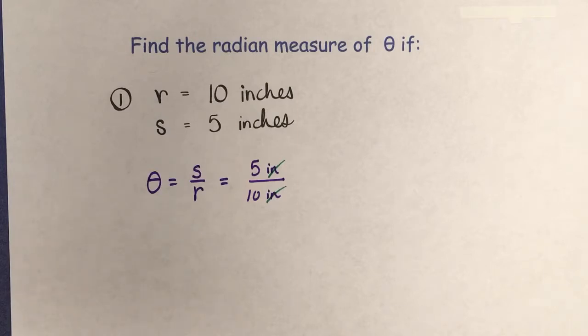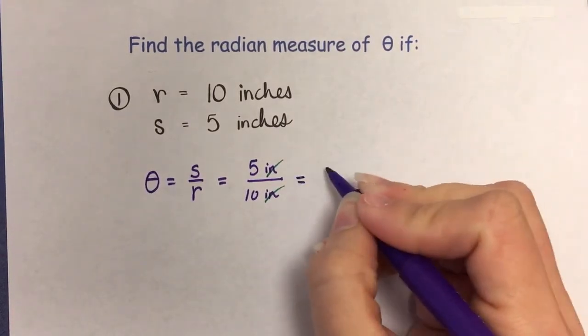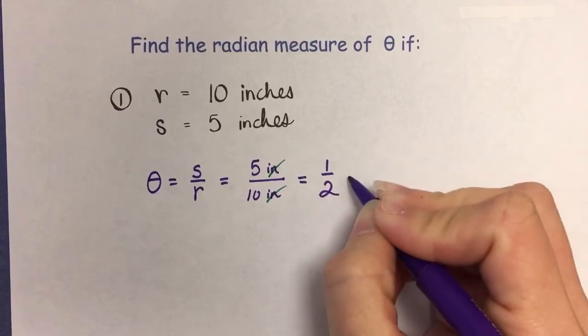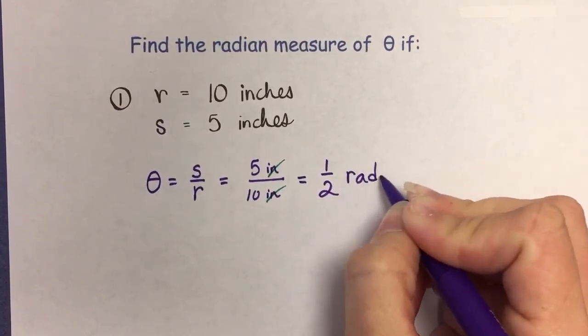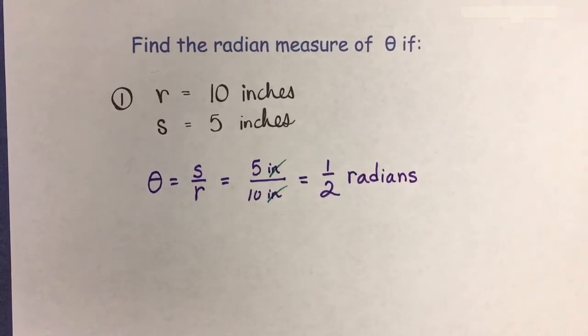You do need to reduce 5 divided by 10, so we end up with 1/2, and this would be in radians. There's not a symbol for radians, like the little degree symbol you use for degrees. So this would be considered a measurement of half a radian for the angle.